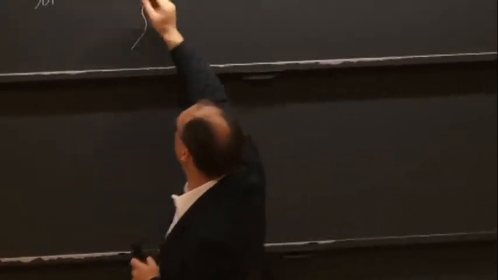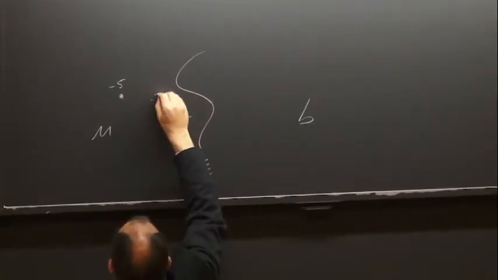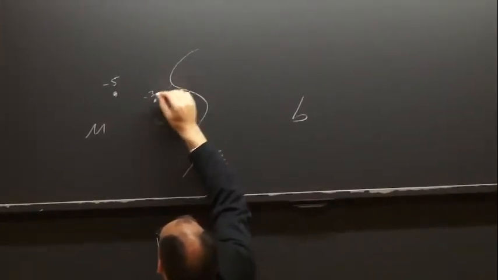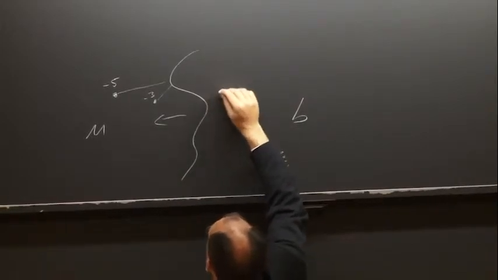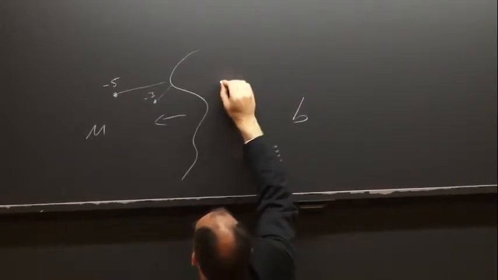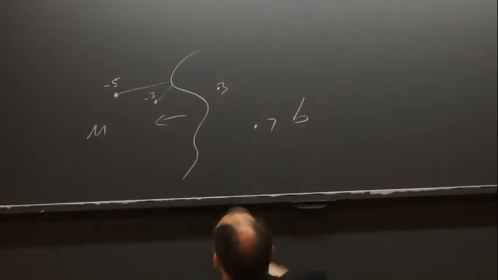Okay? So here it would be maybe -5, and here is -3. This would be this distance. This would be always normal to the flame front, the closest normal to the flame front. And this here would be 3, and this would be 7, whatever.